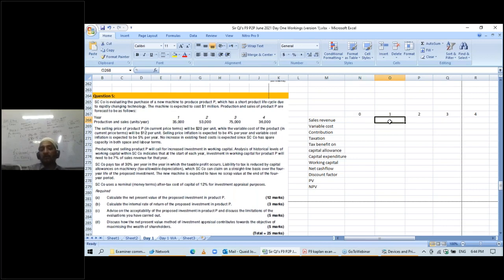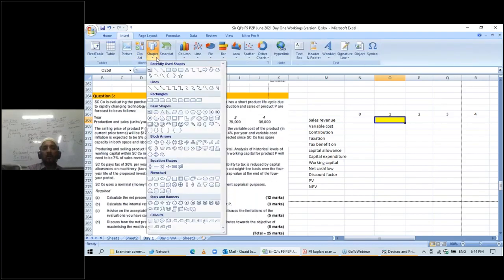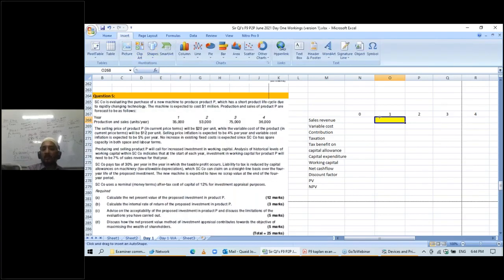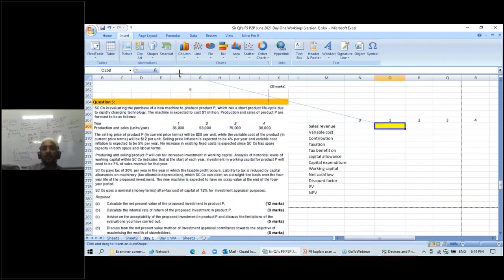Suppose you can see the cell in which I'm working right now; I've shaded it in yellow. All the numbers which I write in this cell will appear over here to the examiner.